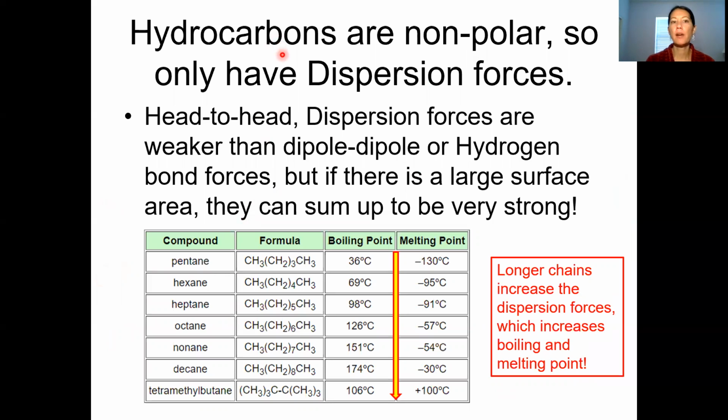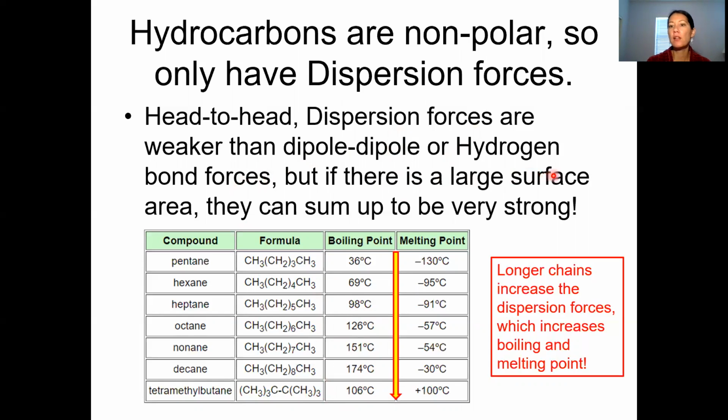So just to reiterate, hydrocarbons are nonpolar and only have dispersion forces. But as you increase those contact points, so here, these are all hydrocarbons, but greater and greater lengths, you get much higher boiling points, all the way past even water, over 100 degrees C. So head to head, dispersion forces are weaker than dipole-dipole or hydrogen bond forces.